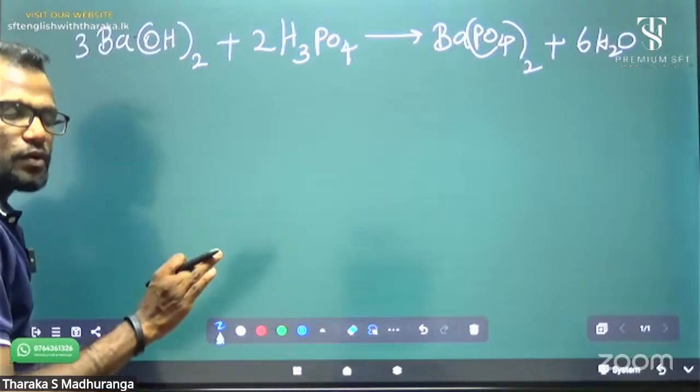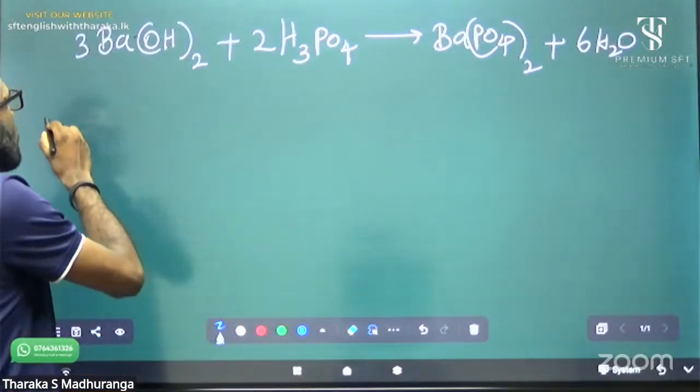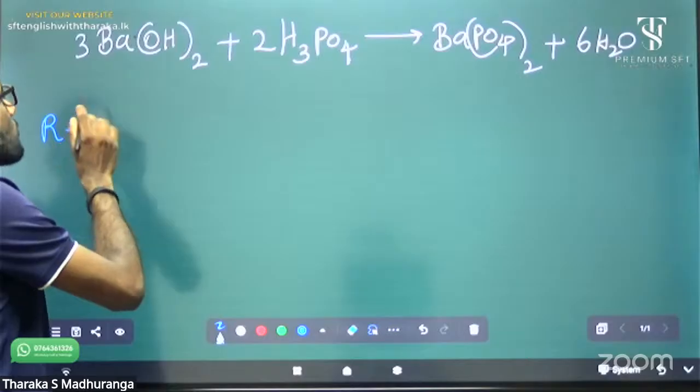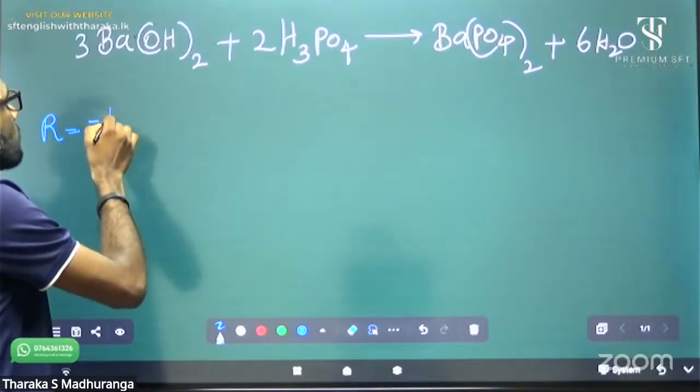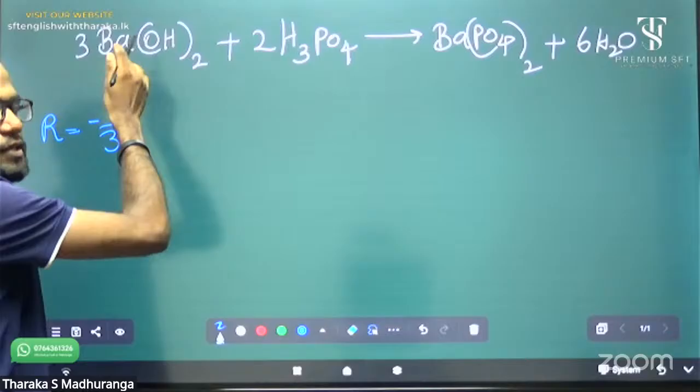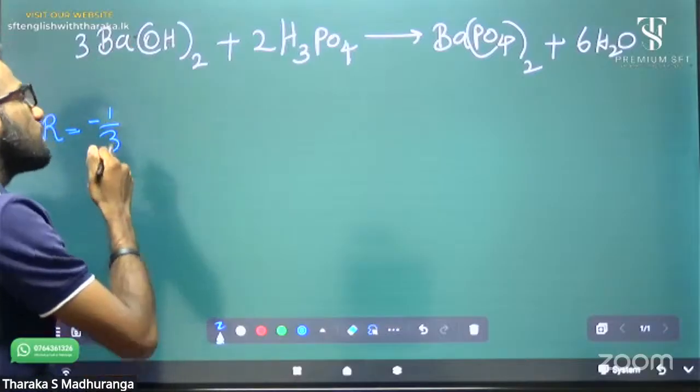Now you can write down the rate of chemical reaction using this equation. The expression is minus 1/3, since it is a reactant we have to add minus, right?